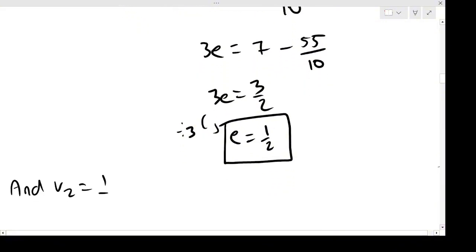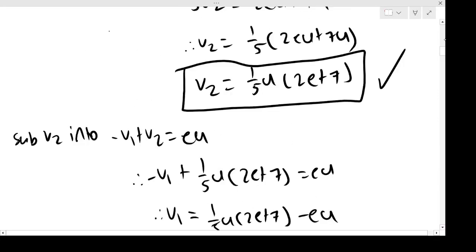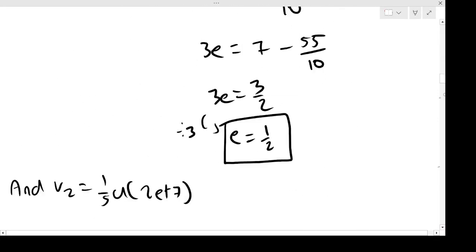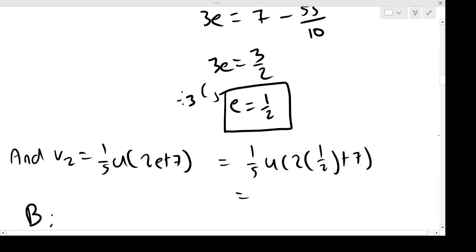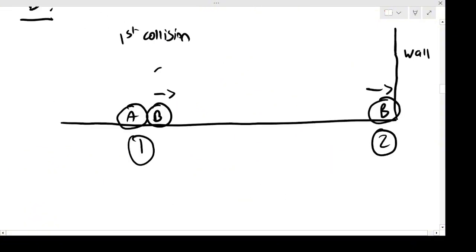If we substitute E as a half into this, it's a fifth U of (2 lots of a half plus 7), and that will simplify to 8/5 U. So that is V2, the speed of B after the collision, and so that's the speed it's going to approach the wall with. Hopefully happy with that.